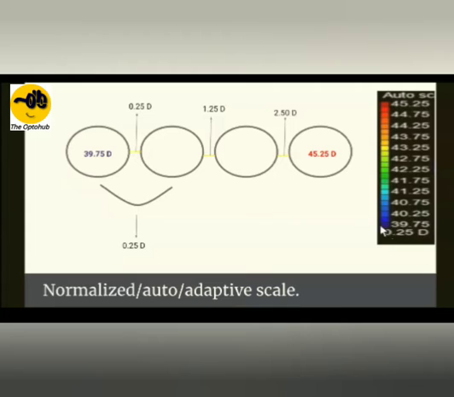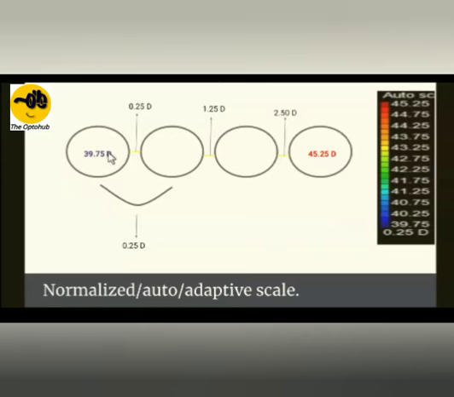Any points within this range will be given an exclusive color, with an increment of 0.25 diopters.